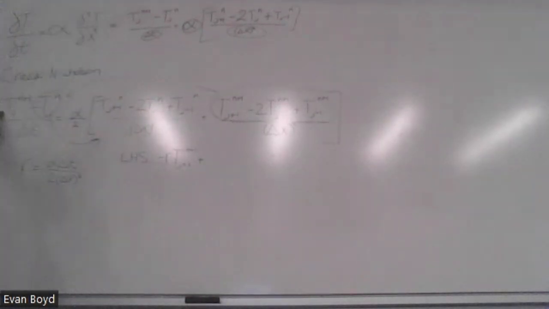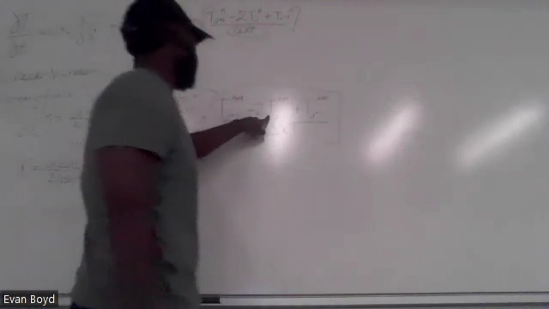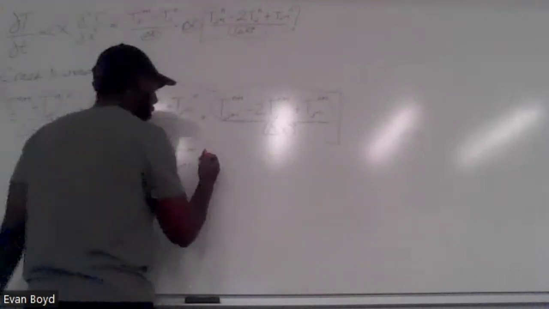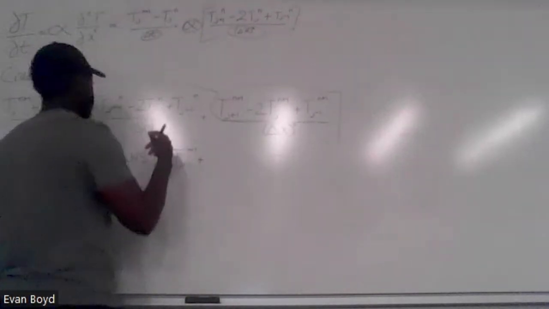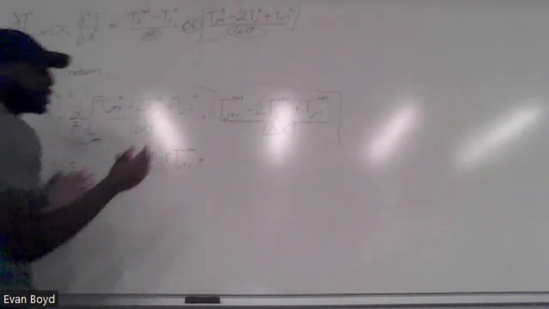and now you see we have temperature here and we have temperature here, okay? So what we do is take the temperature out of both the brackets. If we put it to this side, we're not going to smudge them together.